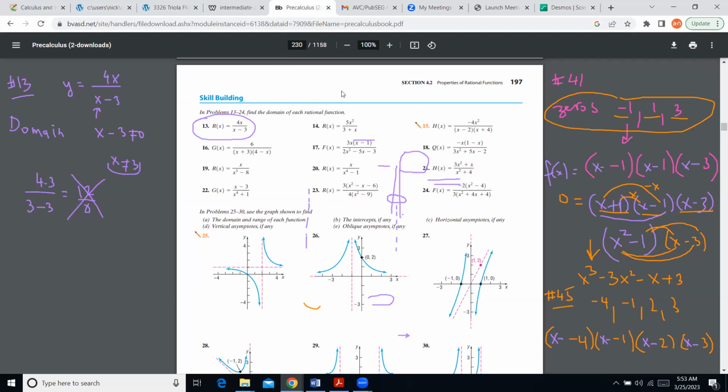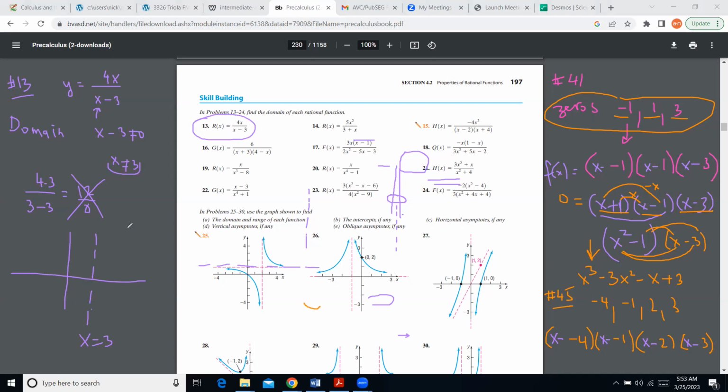And this means that we are actually going to have a so-called vertical asymptote at x equals 3. It turns out that these functions also have horizontal asymptotes.